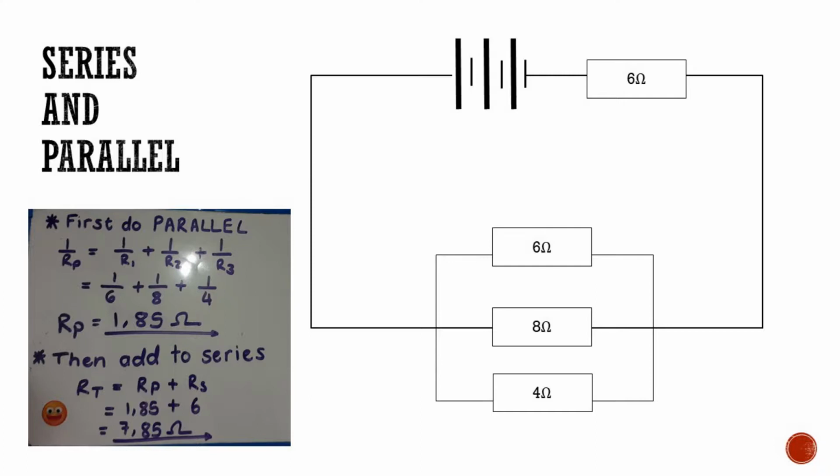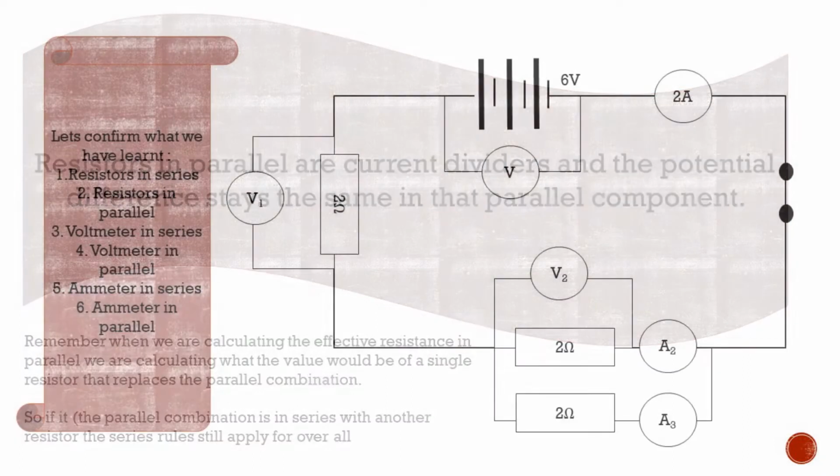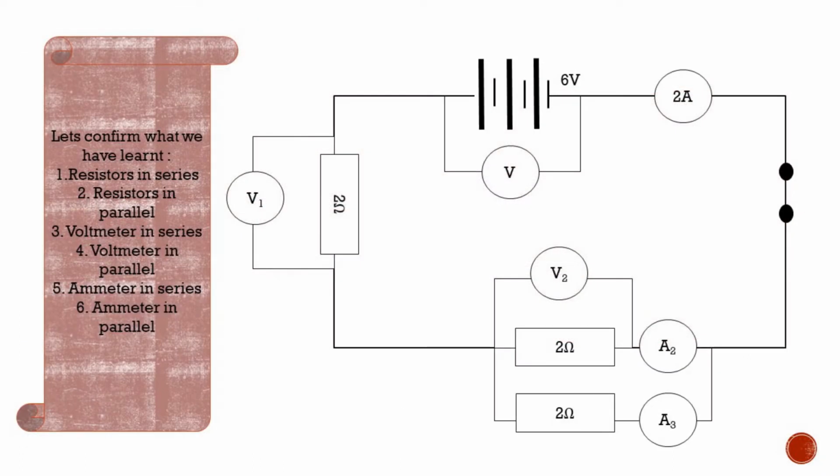So again, what we've done over here, we've said with all these resistors in the circuit, if we were to replace it with a single resistor, the value of that resistor would be 7.85 ohms. Right, remember as well, resistors in parallel are current dividers, but the potential difference stays the same in that parallel component. So let's just confirm everything we have learned.